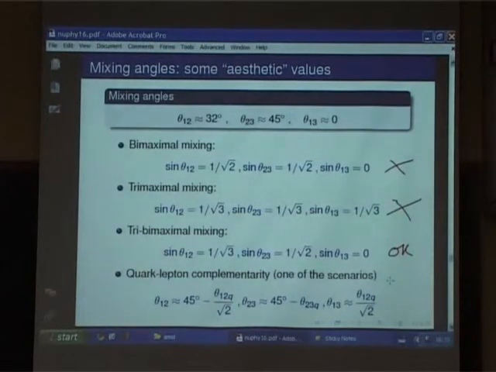Another thing people are talking about is what is called quark-lepton complementarity. This means that somehow the angles of quarks and the angles of leptons are connected. Quark angles we know are very, very small. Theta 23 is very small. Turns out that one consistent scenario right now is this.